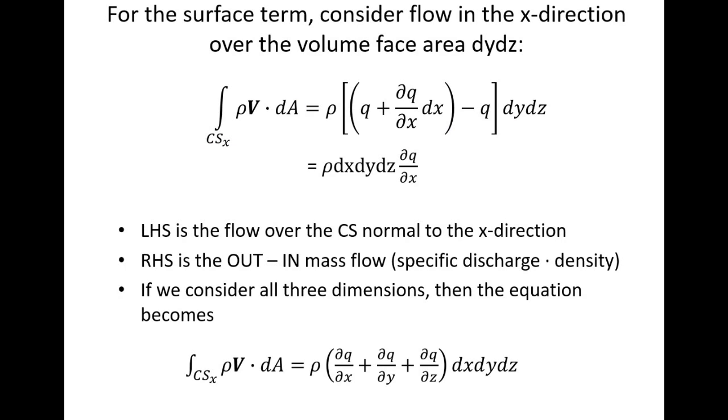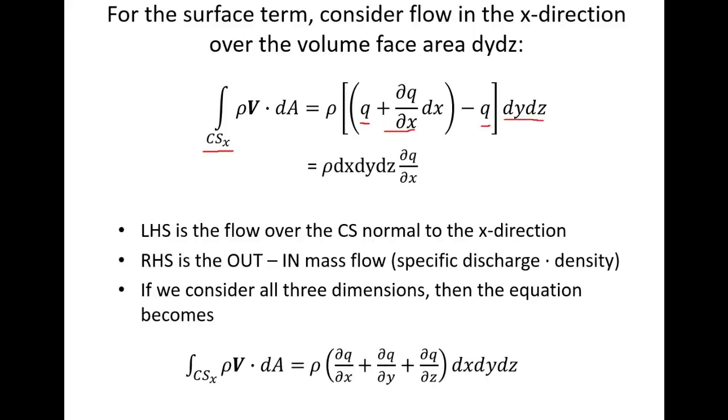Now let's look at the control surface, and this is just in the x direction, to keep it simple here. The water coming in would be equal to the specific discharge at one surface plus the change in that discharge across the distance dx that it's traveling, minus the specific discharge on another surface. Remember, the amount of water coming into a piece of aquifer is the specific discharge times the area of that face.